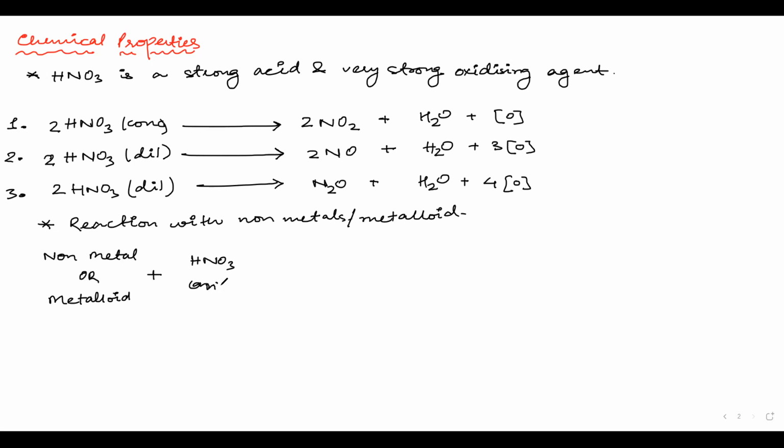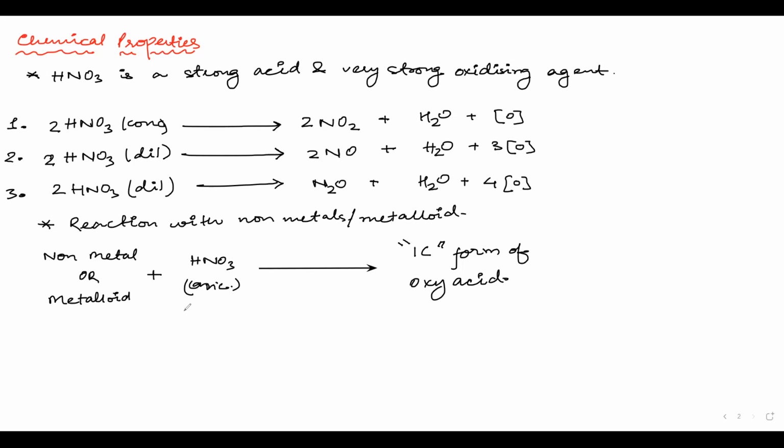Remember, this is very easy to remember. You will get ic form of oxy acid. What will you get? You will get ic form of oxy acid. Okay, you will get ic form of oxy acid.